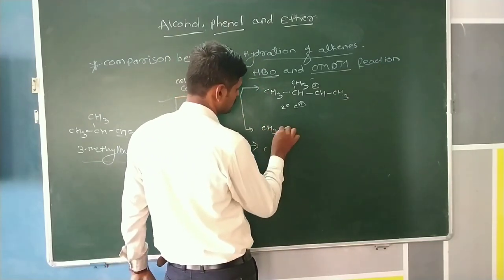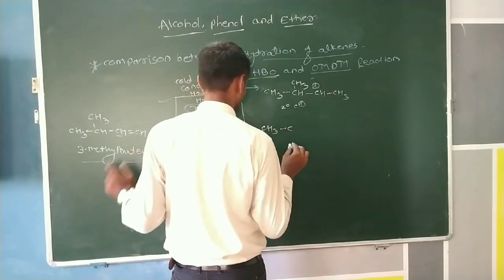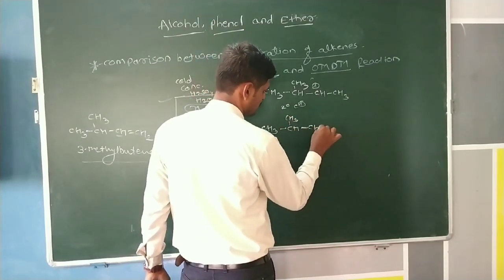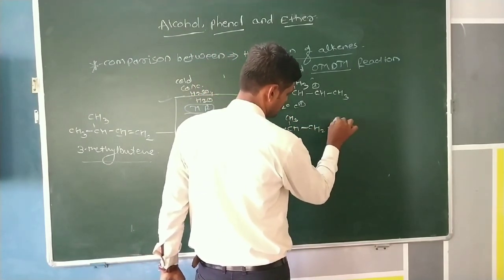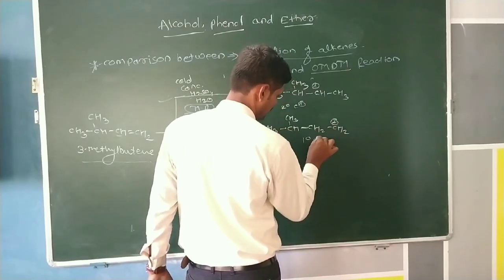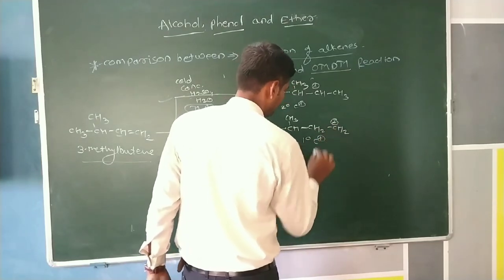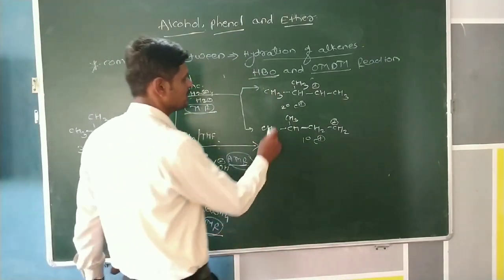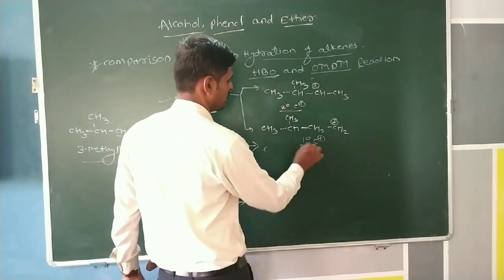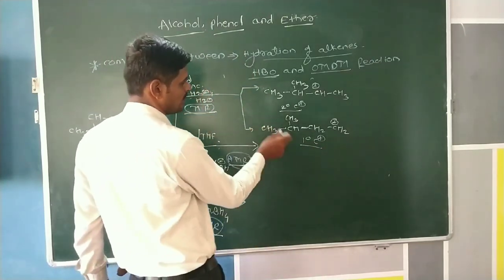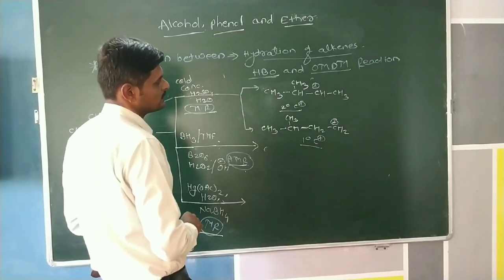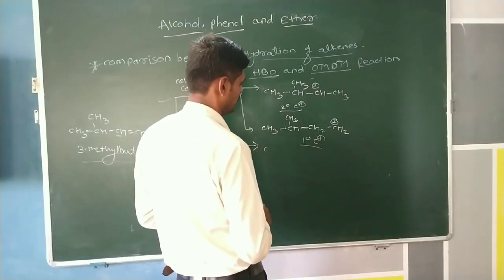The positive charge is shown on the first carbon atom. Then it forms CH3, H, CH2, and again CH2 plus, the formation of primary carbocation. Two different types of carbocations are formed, but between this secondary carbocation and primary carbocation, the secondary carbocation is more stable than the primary carbocation.